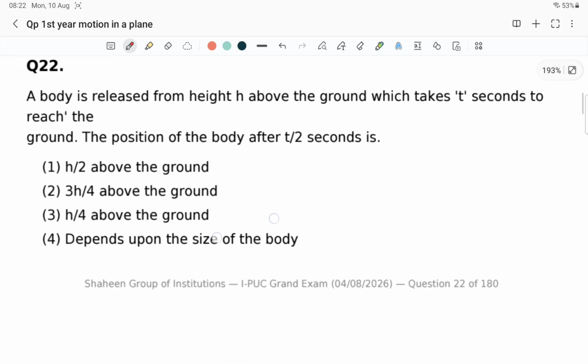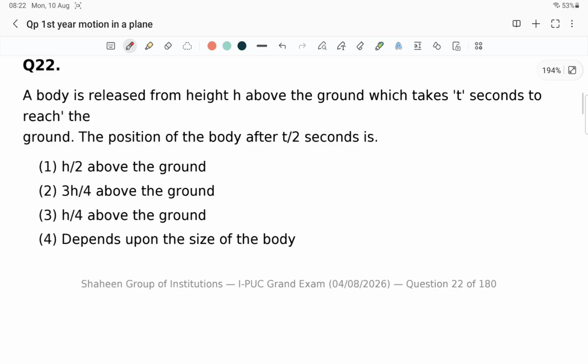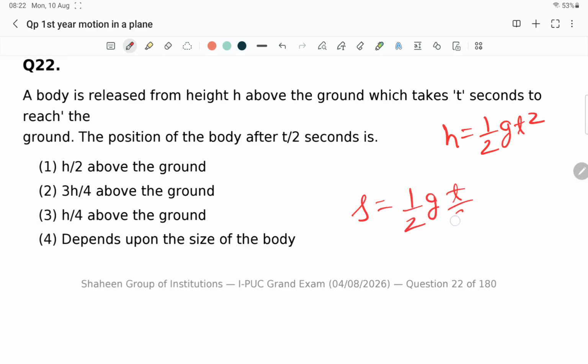Question number 22. A body is released from height h above the ground, which takes t seconds to reach the ground. What is the position of the body after t by 2 seconds? Initially h can be taken as half gt square. After t by 2, the distance fallen will be s is equal to half g into t by 2 the whole square.